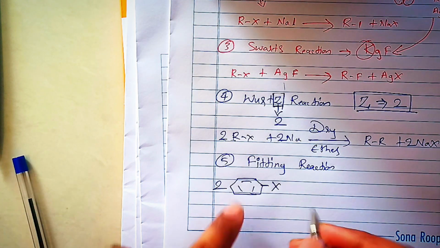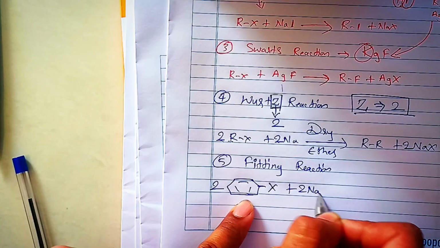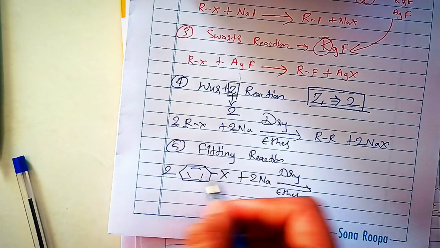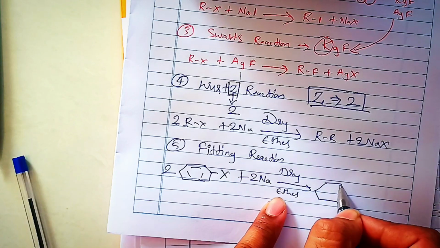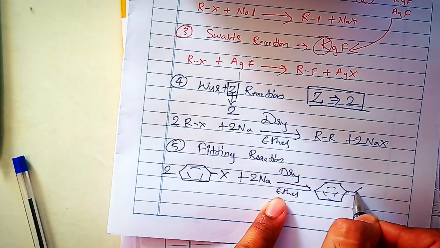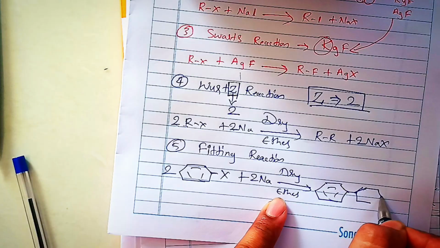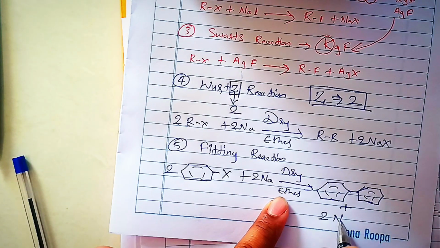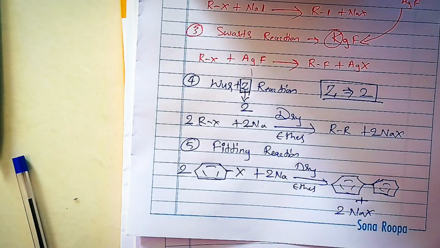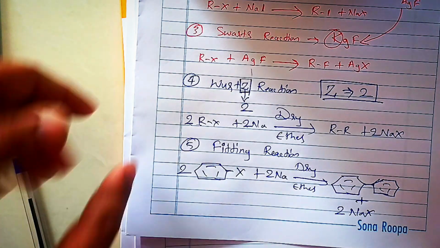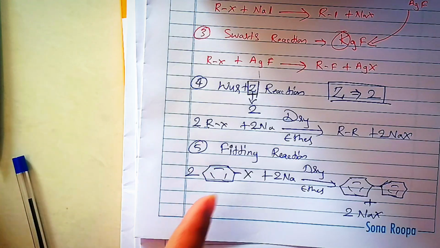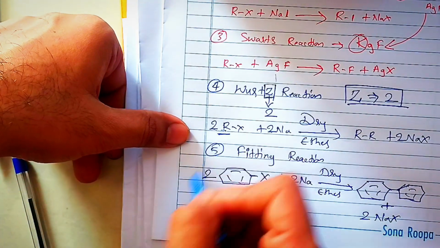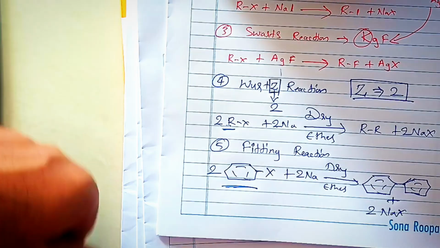Plus we can take the same 2 Na in presence of dry ether, and we will get the product, a fused phenyl ring, plus 2 NaX as the product. In the Wurtz reaction it is the same, in the Fittig reaction also it is the same. But here there will be R and here there will be a phenyl ring.